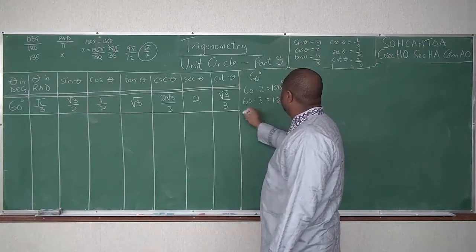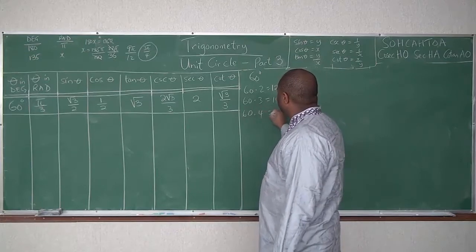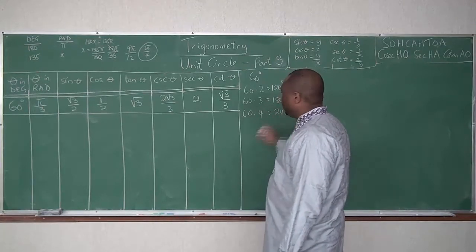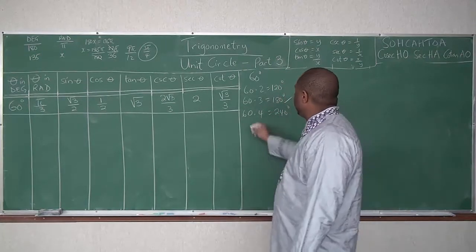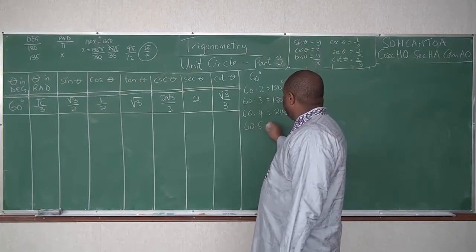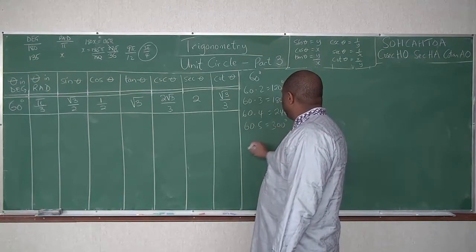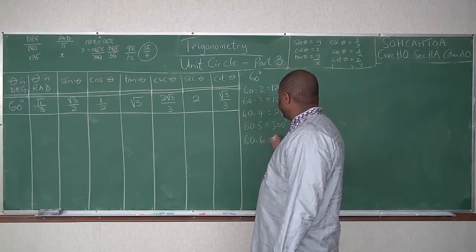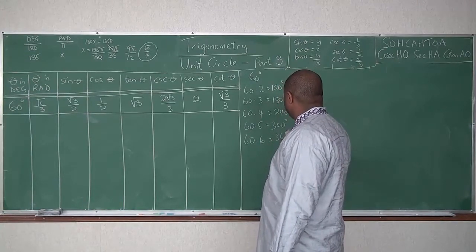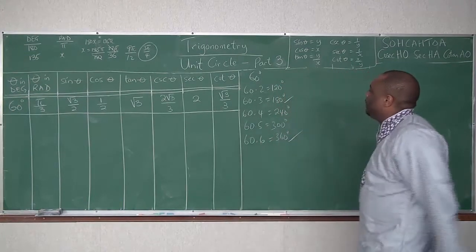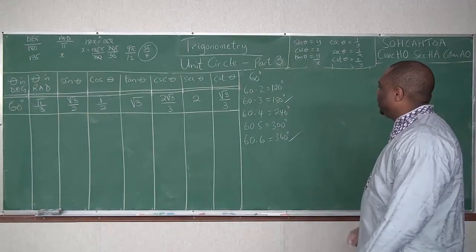We've done this. 60 times 4 is 240 degrees. We've not done it. 60 times 5 is 300 degrees. We've not done it. 60 times 6 is 360 degrees. We've done it. So we need to find 120, 240, and 300.